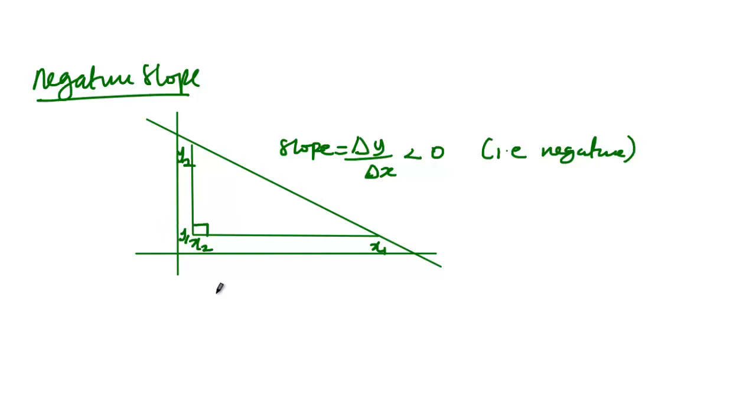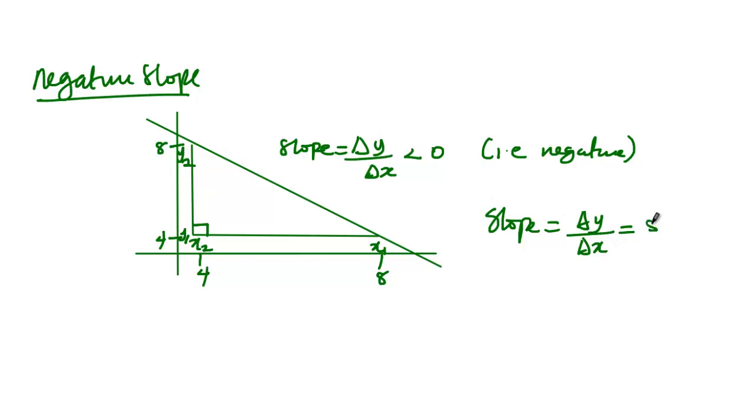Like I did in the first one, we can plug in some values. Let's say this is 8, this is 4, this is also 4, and this is 8. So slope is change in y over change in x. What is y2?